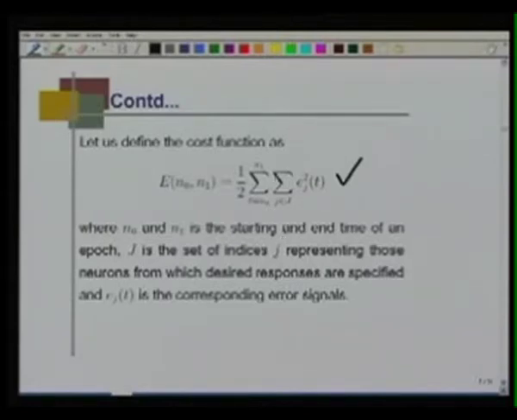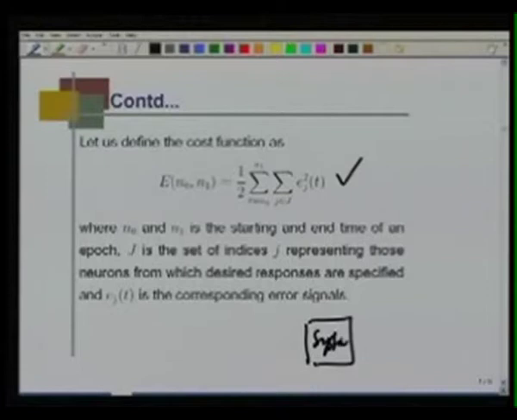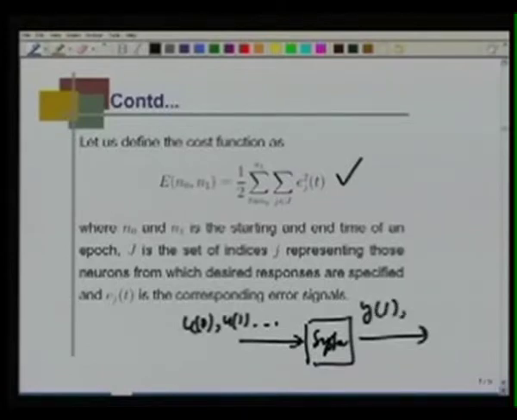As you see, our cost function in this particular case is a kind of batch update cost function, because back propagation through time is an offline technique. That is, I give to the system a sequence of input, that is U0, U1 and so on, and then I observe a sequence of output Y1, Y2 and so on, okay, and I collect those data.